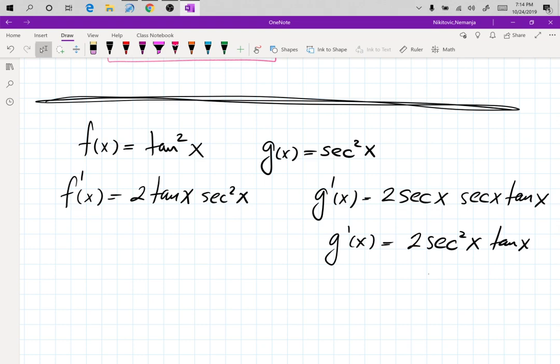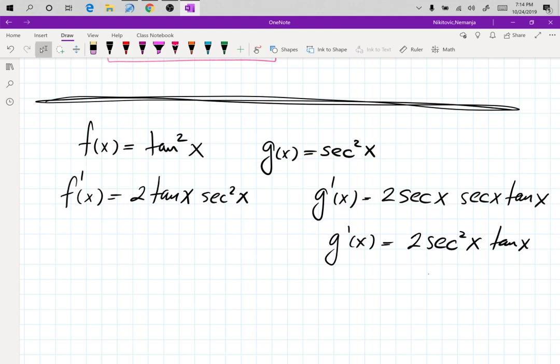Now, do you have the derivatives? It all looks cool, which is basic chain rule, right? So you see that the derivatives are the same. They're asking, since derivatives are the same, what can we say about the difference of functions?